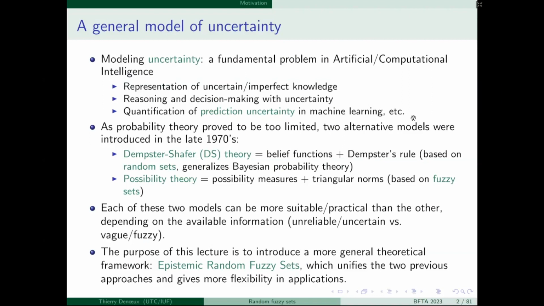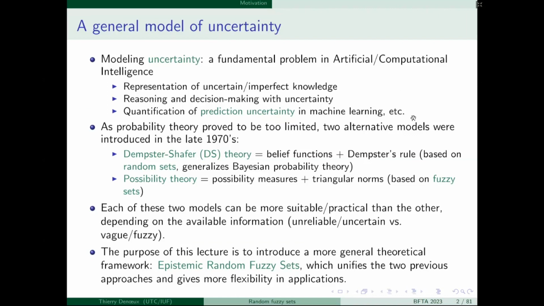And as we will see, Dempster-Shafer theory is based on random sets. I showed that in my first talk, and also Professor Chunai showed us this, which he called a Dempster model, I think. So it's basically a random set, whereas possibility theory is based on fuzzy sets.